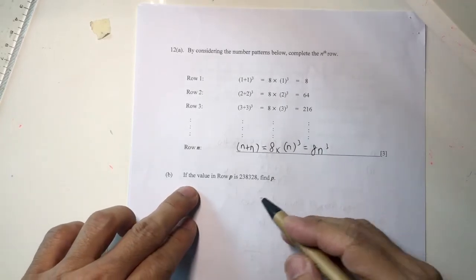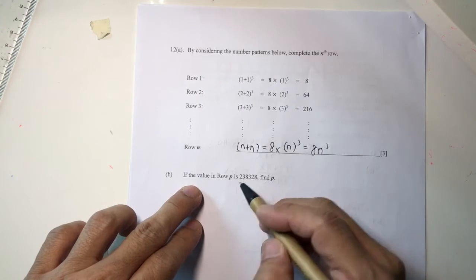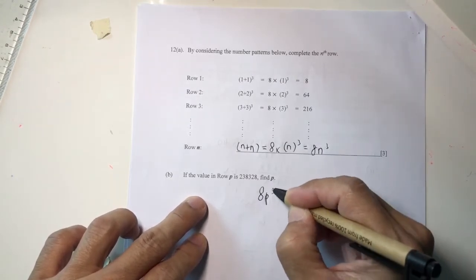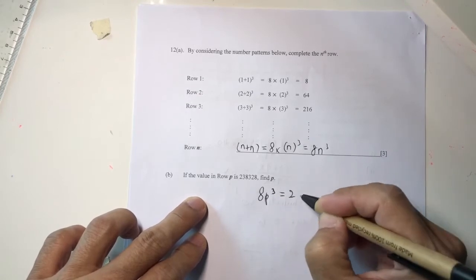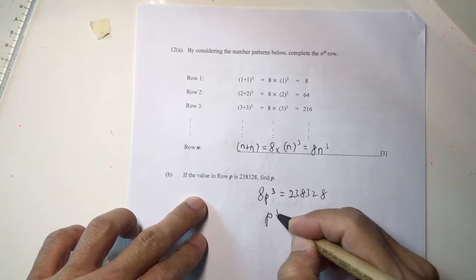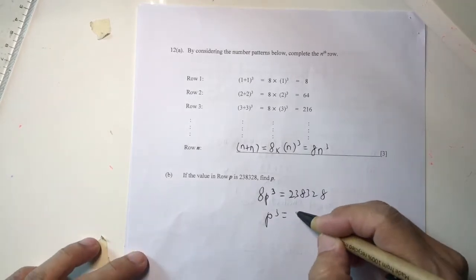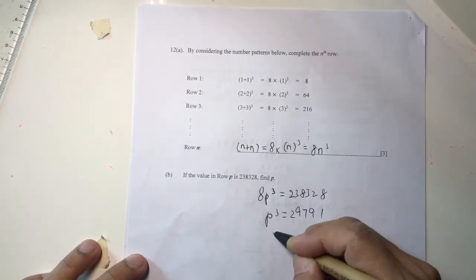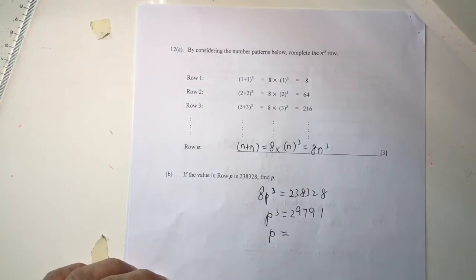So if we want to find the value in row P, it will be 8p cubed, which will be equal to 238,328, and p cubed is 29791. Taking the cube root, p is 31.